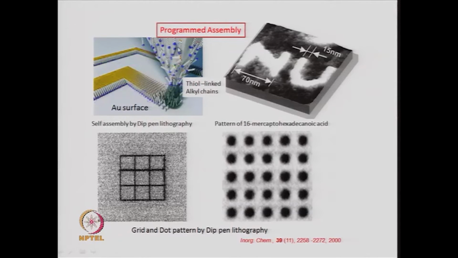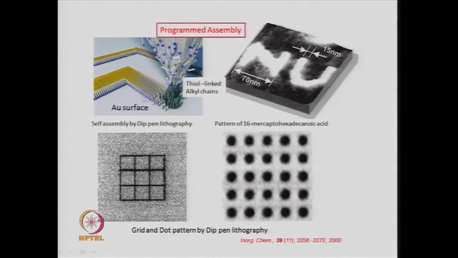So, you will have all these chains coming down. When they come down on the surface, since there is gold, the gold will align with the thiol, and so the thiol will be close to the surface. All the blue dots you see will be at the bottom touching the gold surface, and the alkyl chains will be pointing upwards.